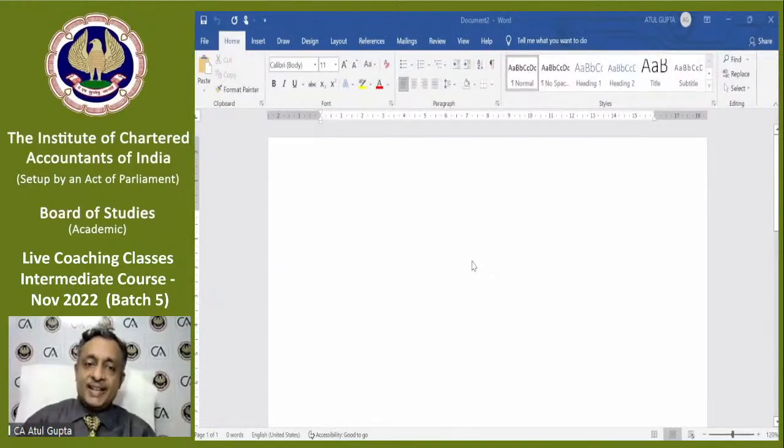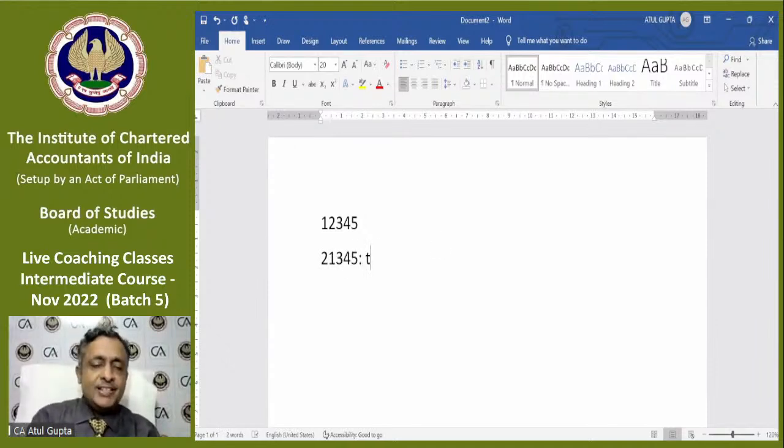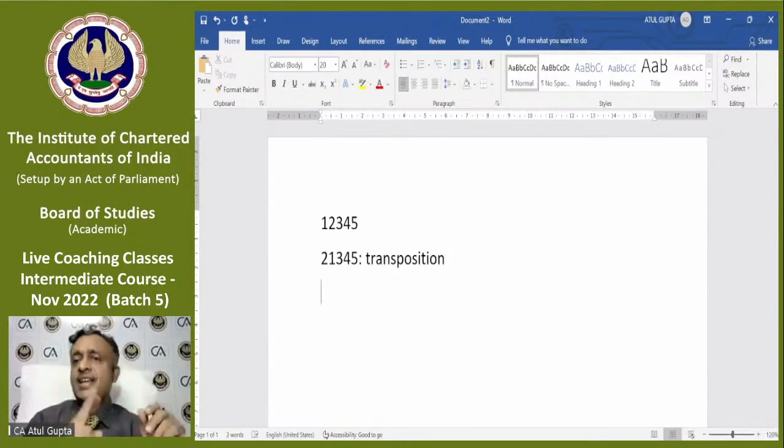We are looking at coding errors. So how they appear. Suppose my number is 1, 2, 3, 4, 5. I can make many mistakes while entering data. So if I enter 1, 2, 3, 4, 5 with the digits swapped, this is called an error of transposition. I have changed the digits' location. Okay.